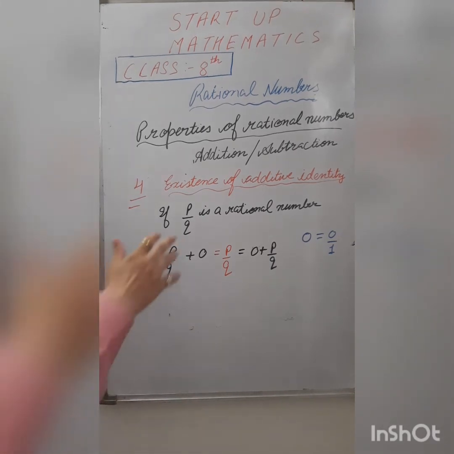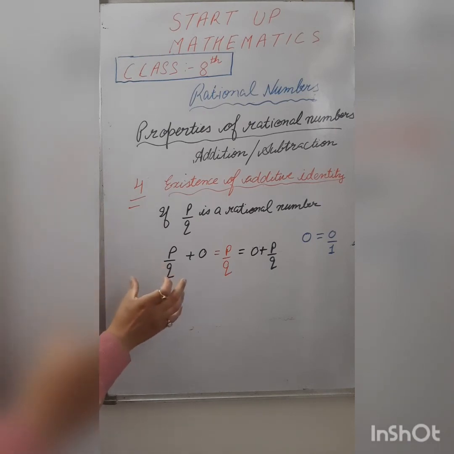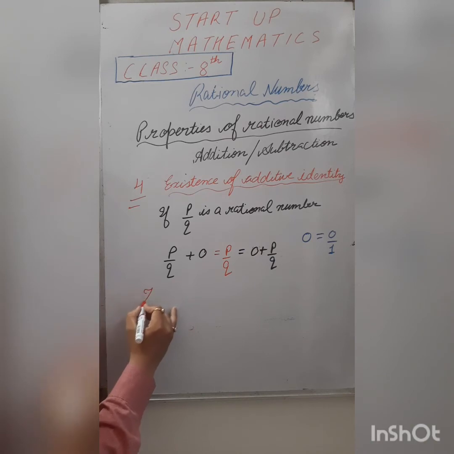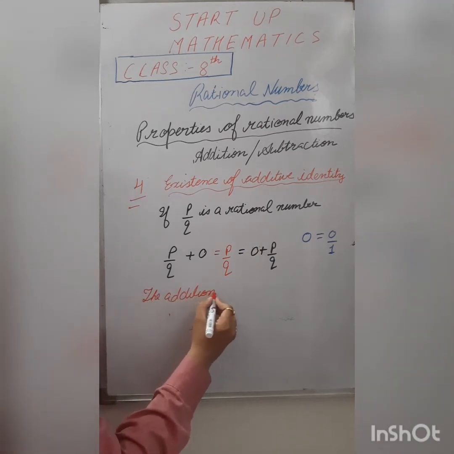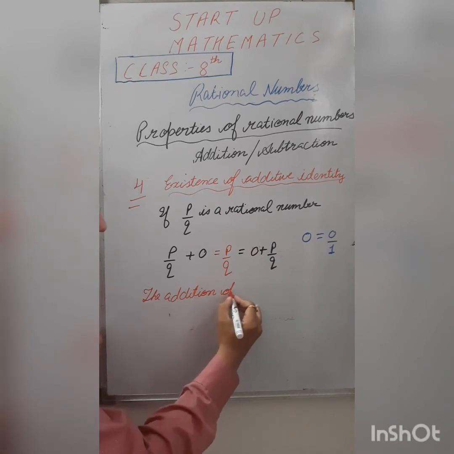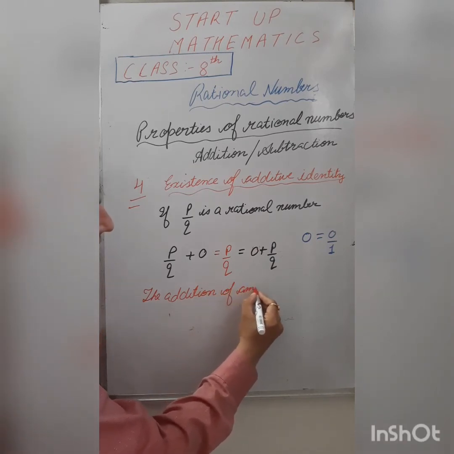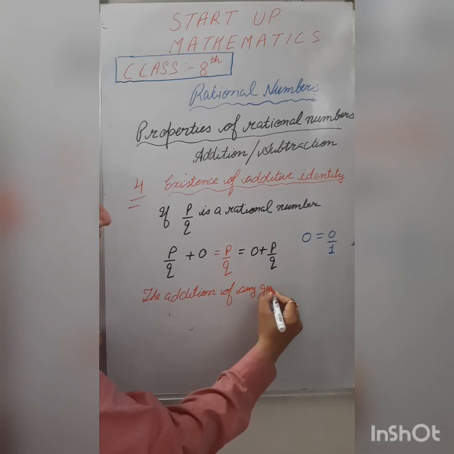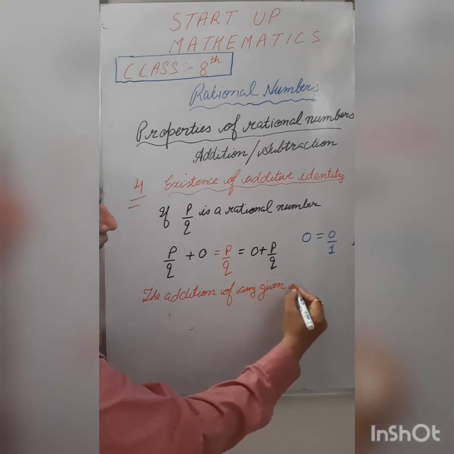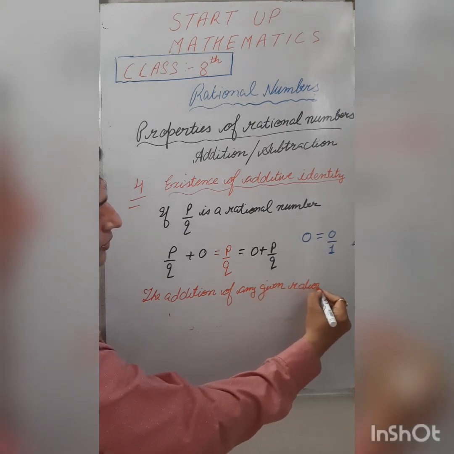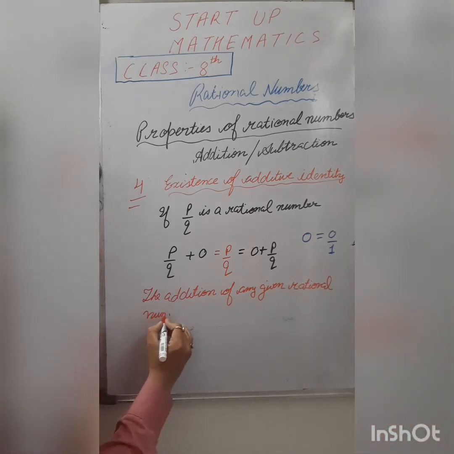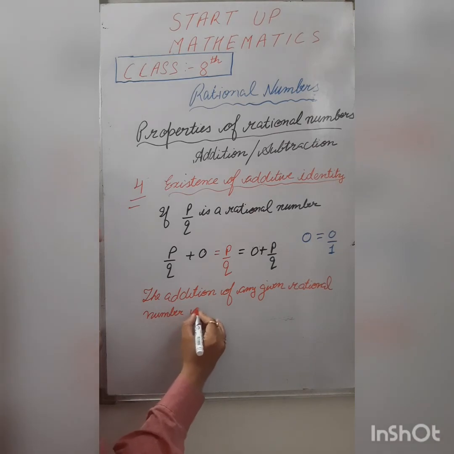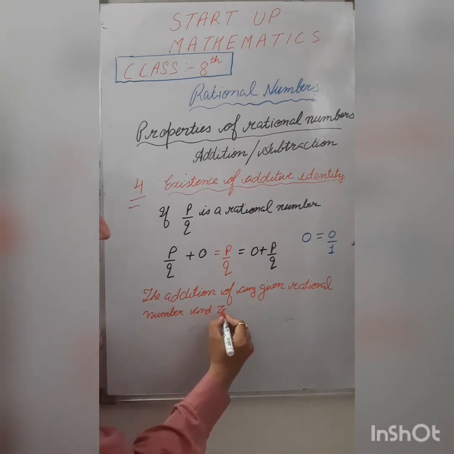So what is the definition of the existence? Means the addition of any given rational number and 0.